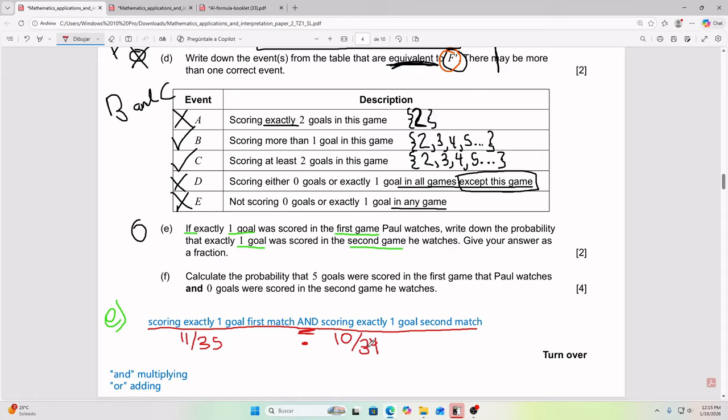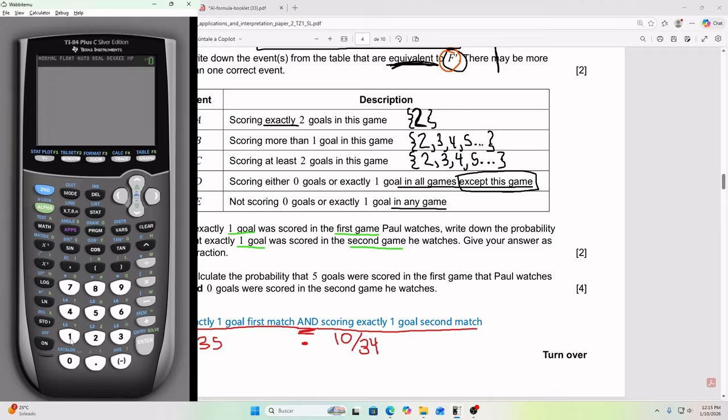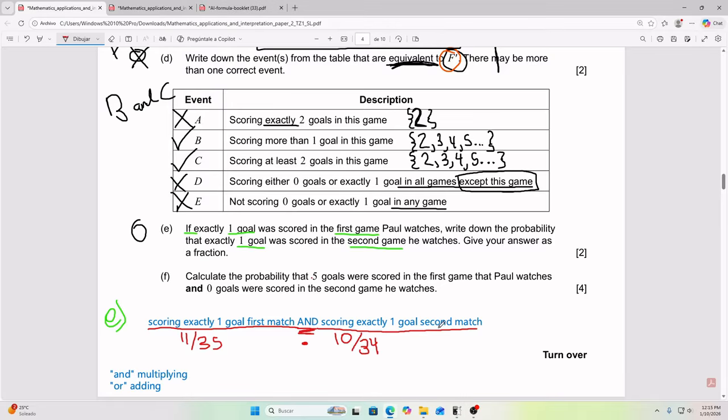And so actually, your probability is 11 divided by 35 times, because of the and, 10 divided by 34. So all of this in our good old friend, the calculator, we can express it like this. And that would be the probability of both of those things happening.